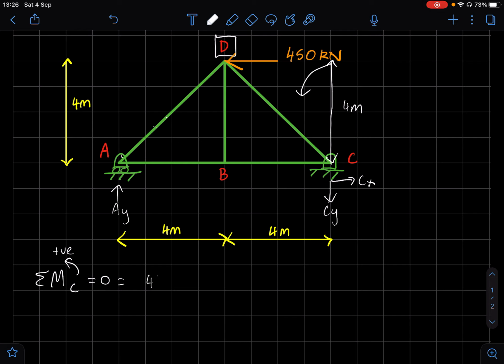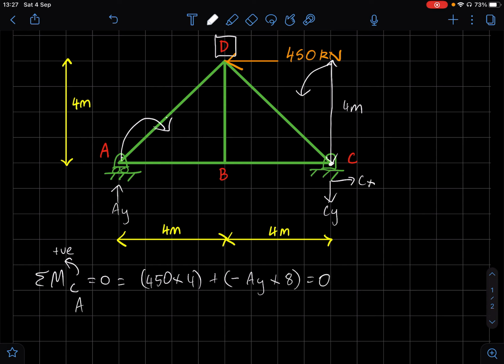So positive 450 times by perpendicular distance, 4 meters, plus our other moment is going to come from AY, isn't it? And it's going to want to turn like that from joint C. So this one is going to go clockwise, isn't it? That's going to be a negative moment. Distance, that's just going to be 8 meters equals 0.